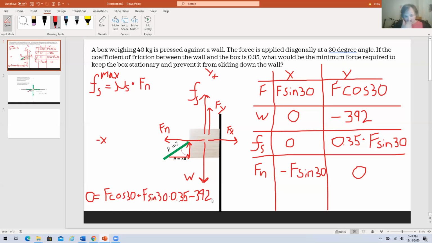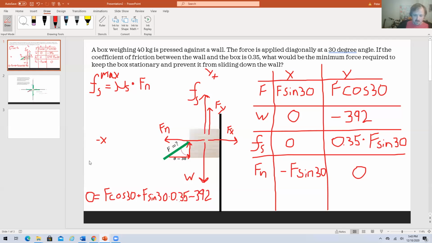Okay. So what I can do here is take the cosine of 30, that's basically the coefficient of this f. I can take sine of 30 times 0.35, that's basically the coefficient of this f. And then I can just combine these two f's. And what I end up with, I'm going to do that on my calculator real quick.